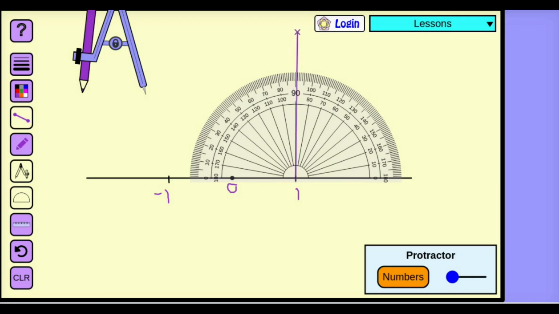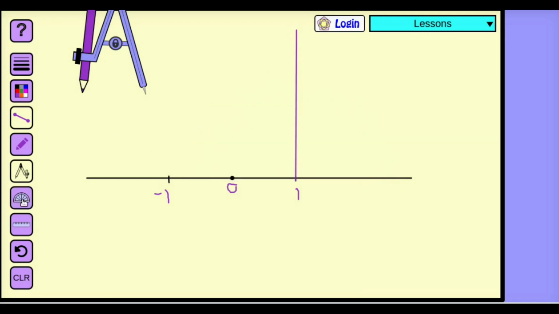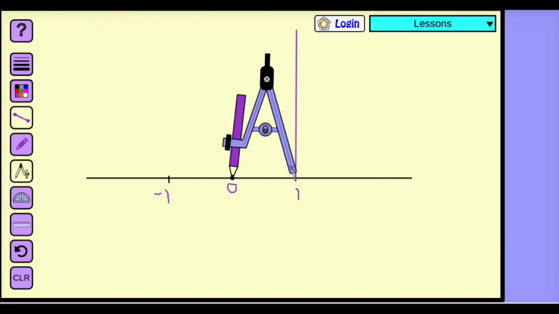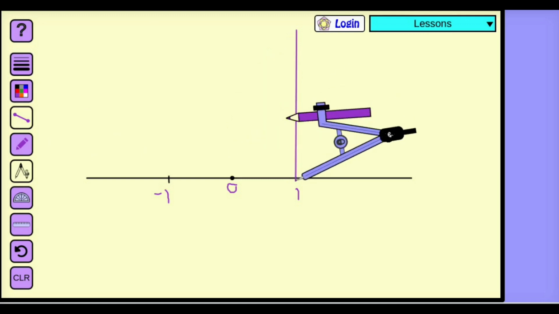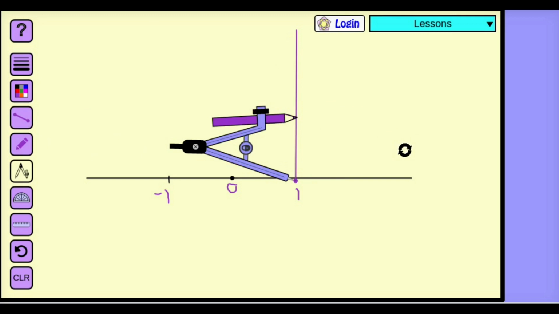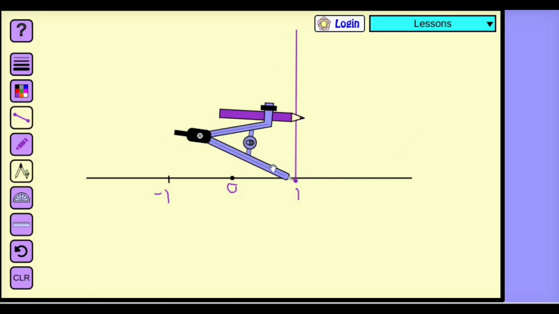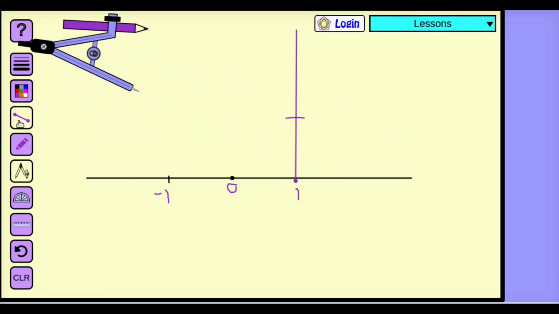Now take a compass again and draw an arc from 1 to the perpendicular line so that it intersects at exactly 1 unit. Now 0 to 1 is 1 unit and 1 to the line intersecting point is also 1 unit.